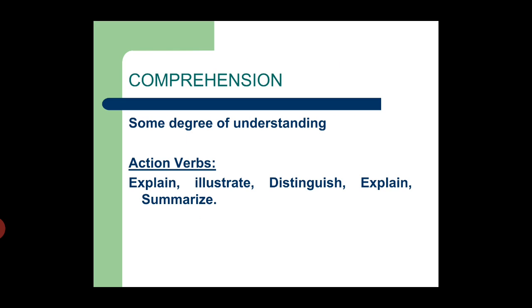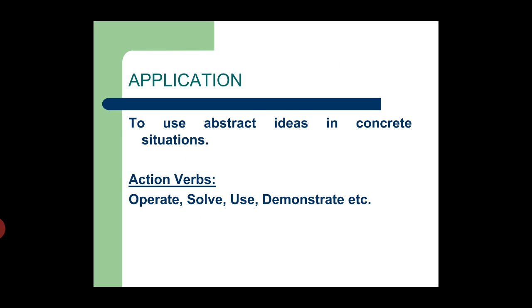Second is comprehension: whether the student has gained knowledge, whether he is able to understand the details of the concept. So words like explain, illustrate, distinguish, summarize tell about the comprehension level of understanding of the students.